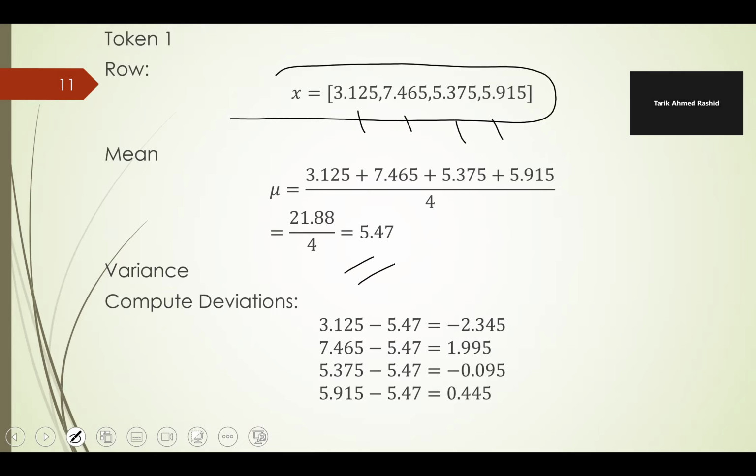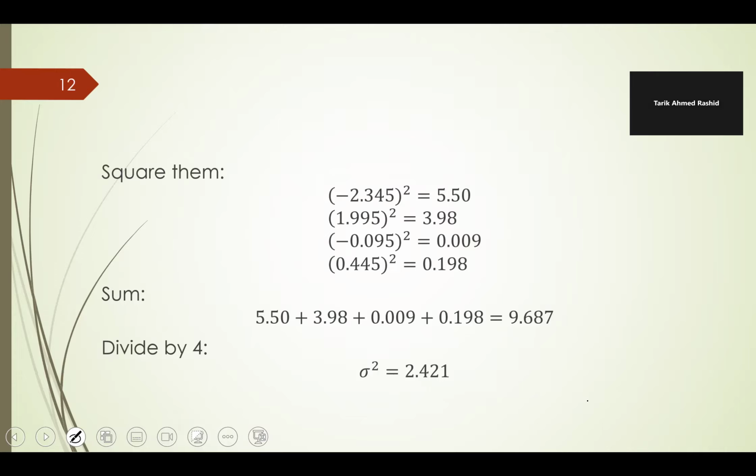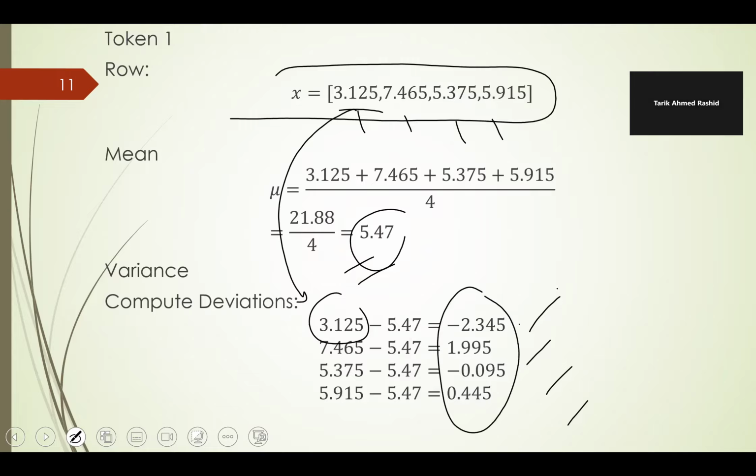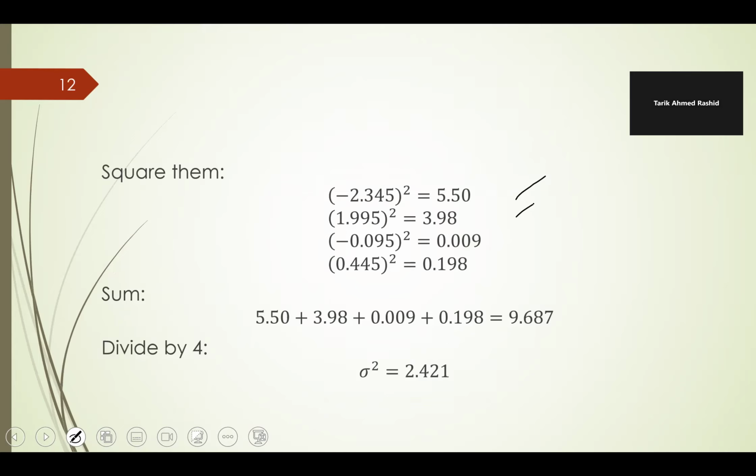Now compute the deviation: the value itself minus mu, 5.4. So each value in the row minus mu, we get the deviations. Now we square the differences that we found, square each one of them, and sum them up.